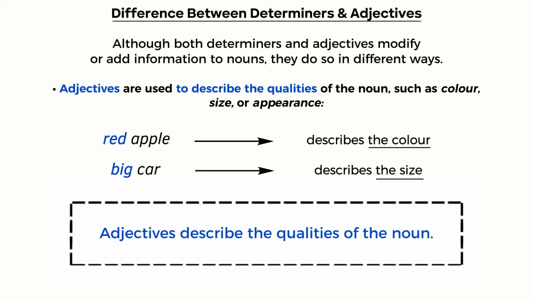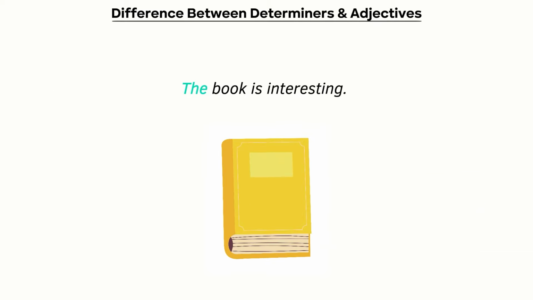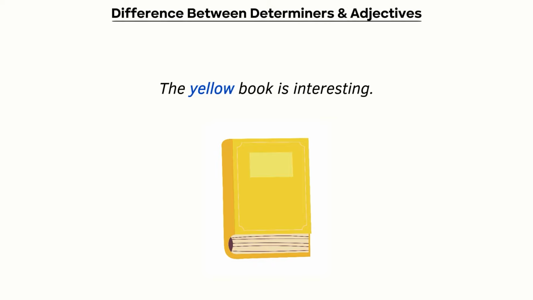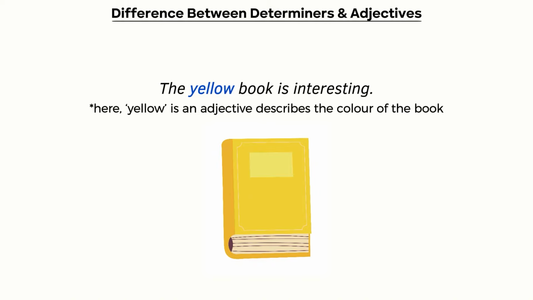The following examples clarify the distinction. The book is interesting. Here, the is a determiner that tells us which book we're referring to. The yellow book is interesting. Here, yellow is an adjective describing the color of the book.